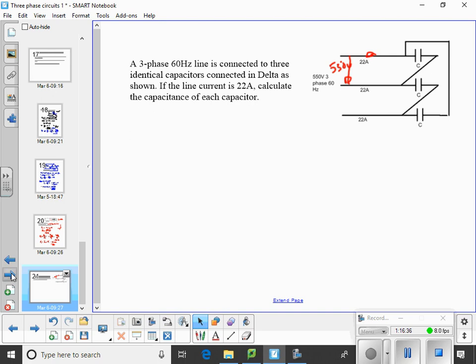What can we calculate? We know IL, 22 amps, and we know EL is equal to 550.